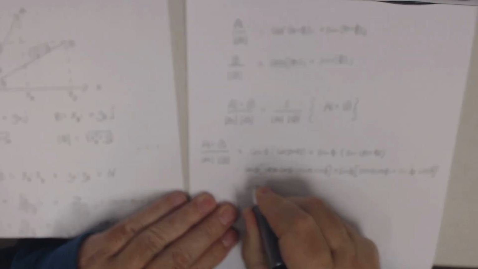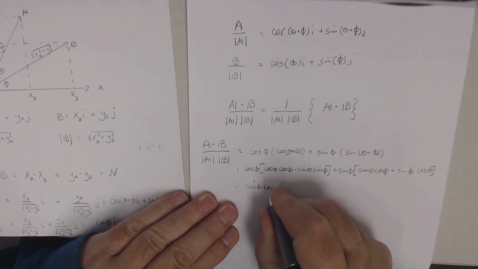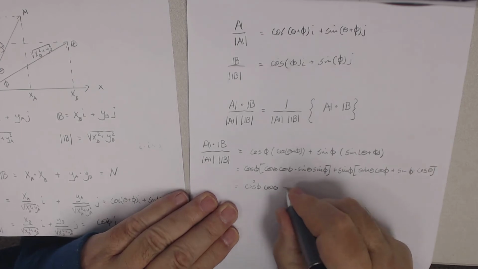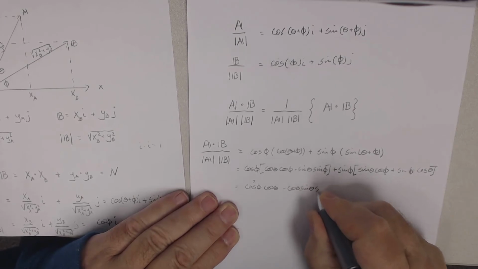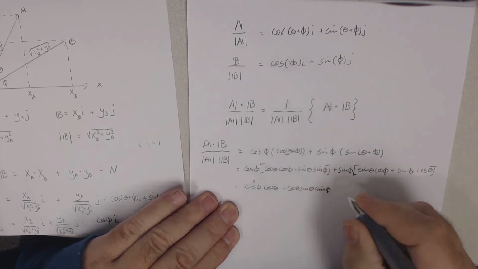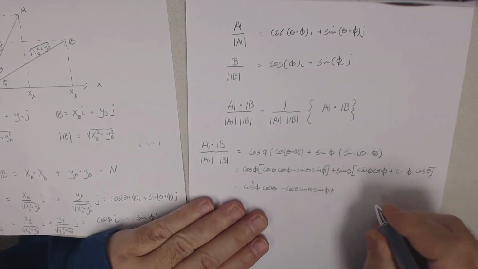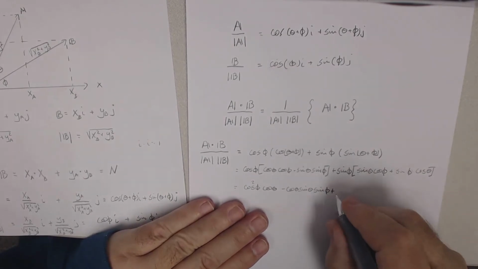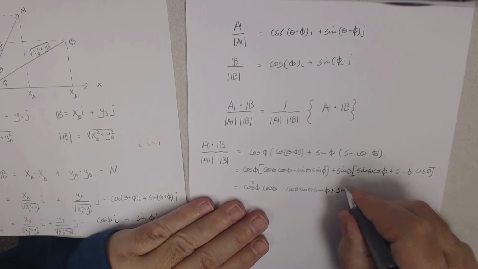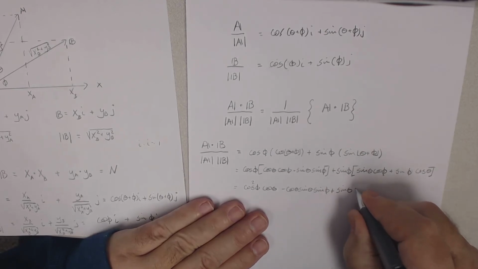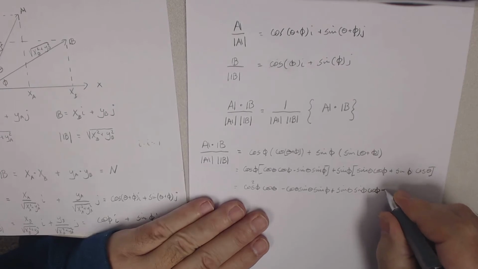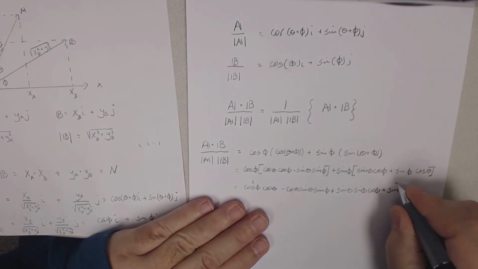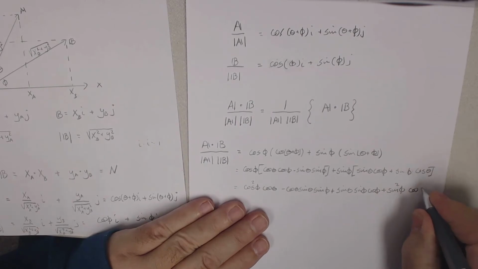cosine squared phi cos theta minus cos theta sine phi plus sine theta cosine phi cos phi plus sine squared phi cos theta.